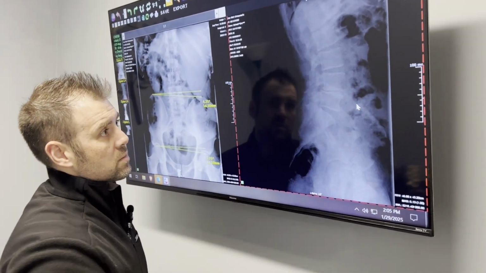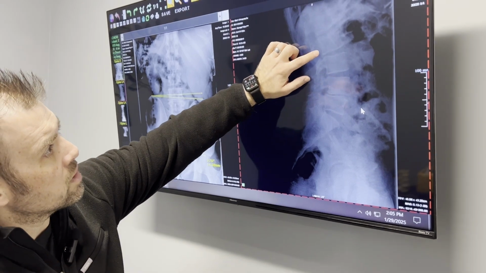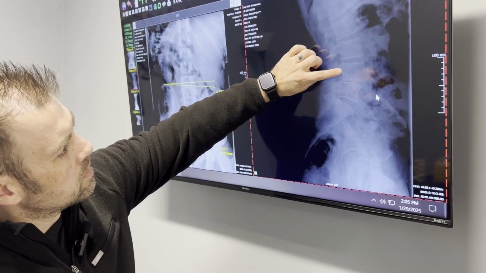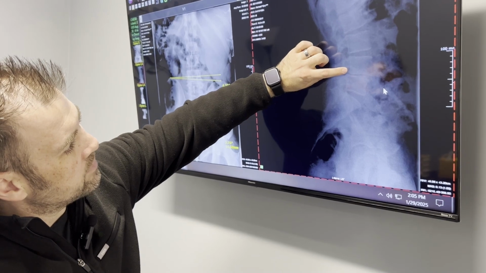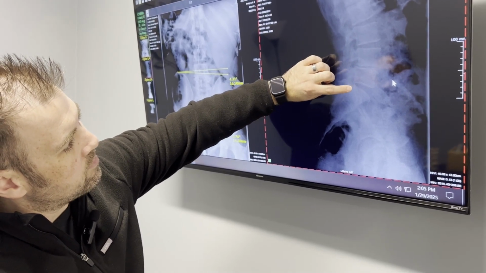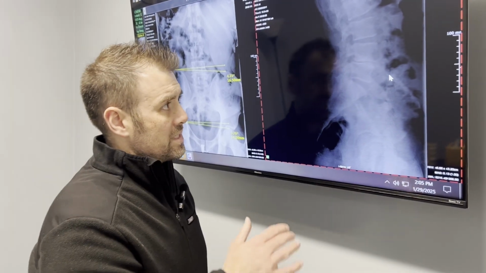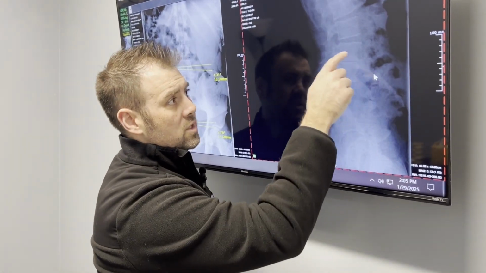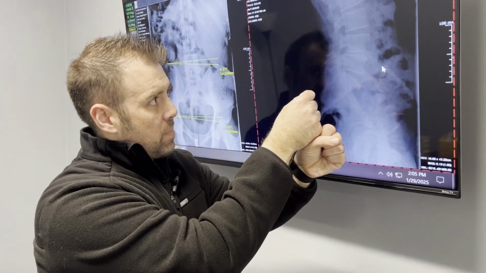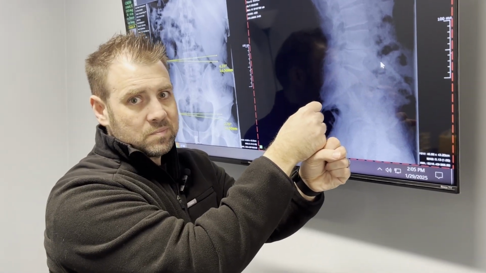The other thing that this guy was dealing with is if we draw a line down the back of these bones, everything lines up pretty darn good right there. And then all of a sudden I have to stair step back. And then there's the back of the L5 there. So that's what's called a spondylolisthesis. This bone, there's enough degeneration in that area that that bone has shifted backwards on top of the other one.